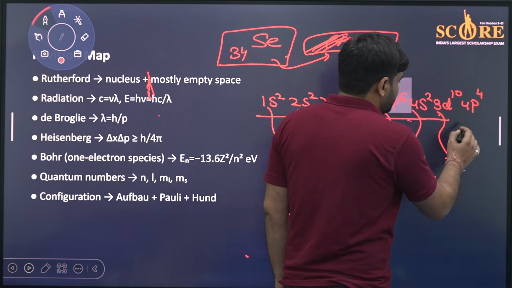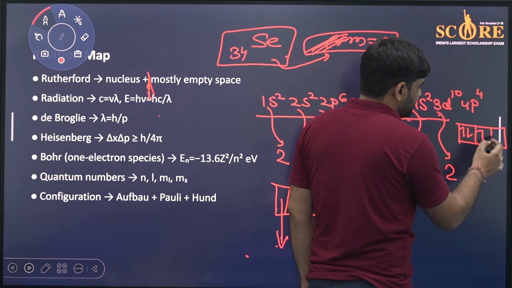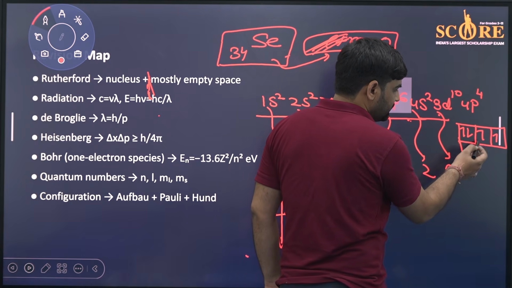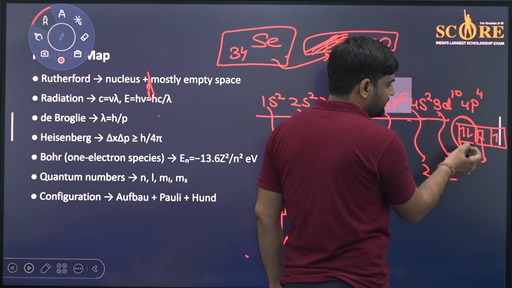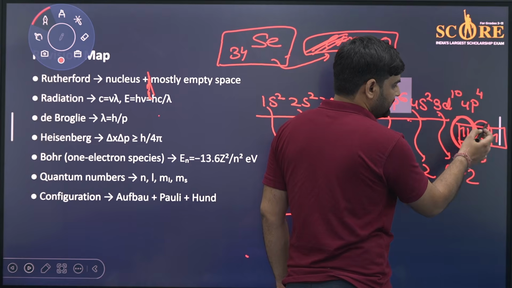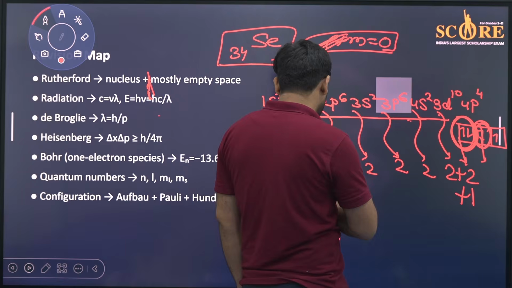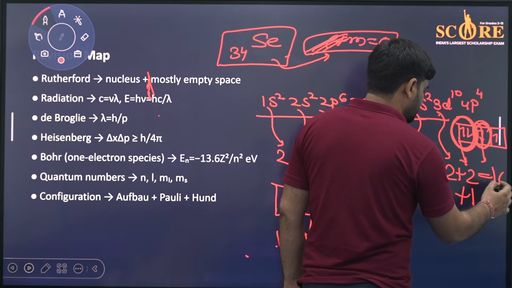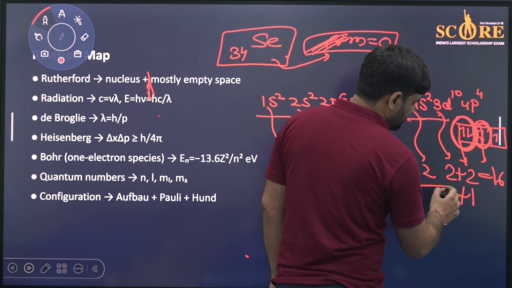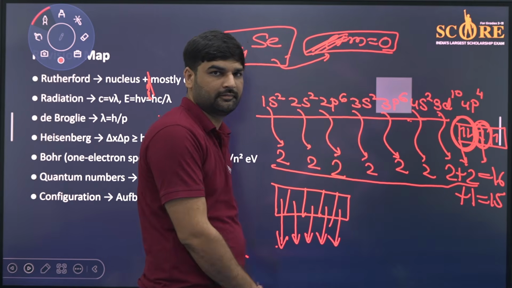And in this 4p, if you consider this orbital as M equals 0, then you have to count 2 electrons, and if you consider this other one as M equals 0, then you have to count 1. So this is your maximum answer, 16. I think you understood. The minimum is 15.